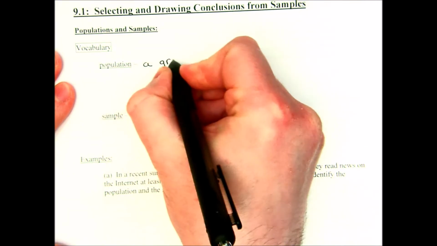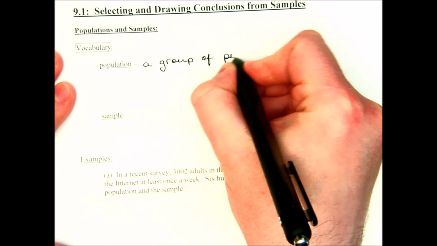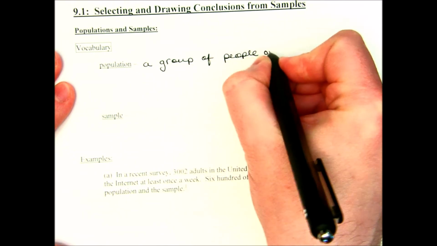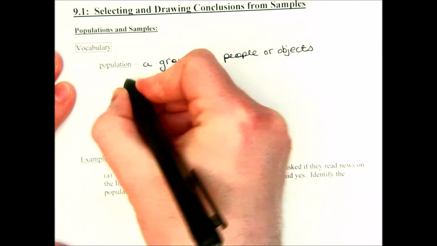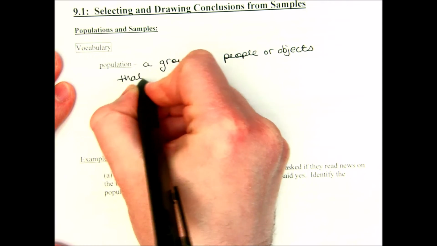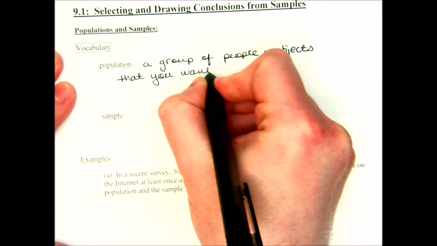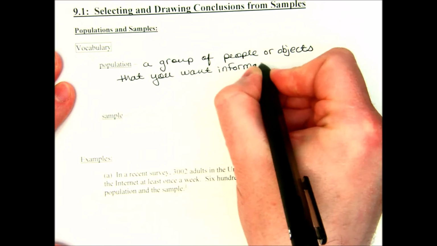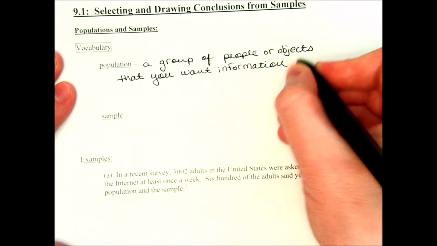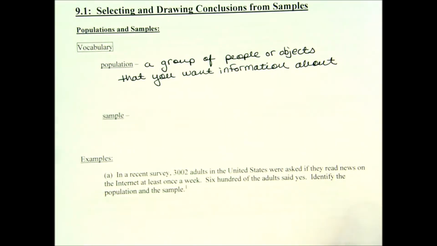A population is a group of people or objects that you want information about.